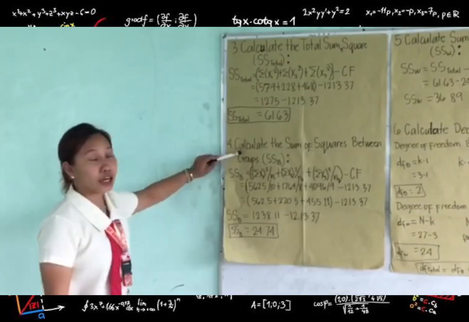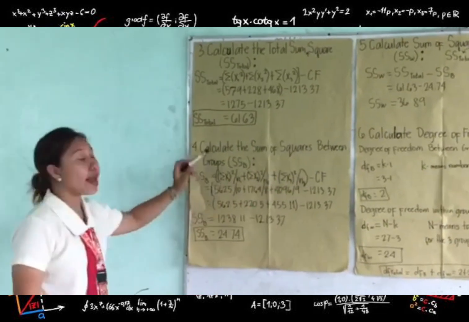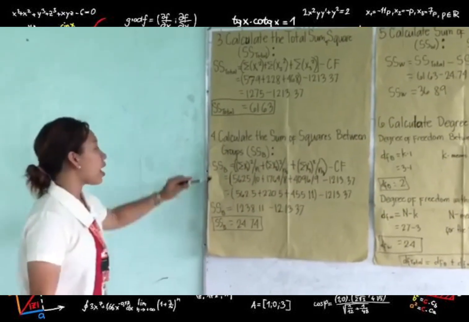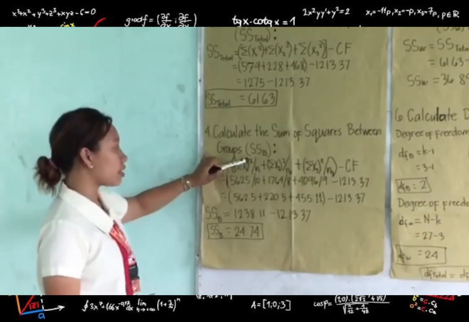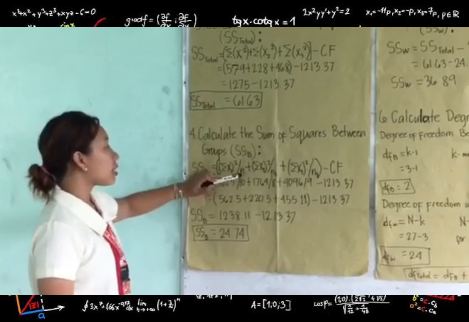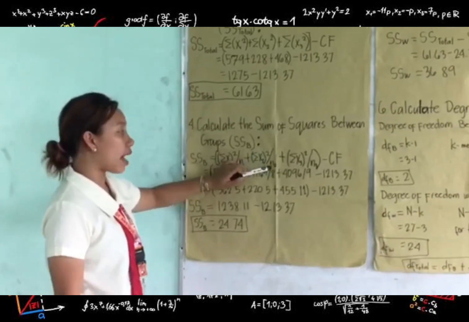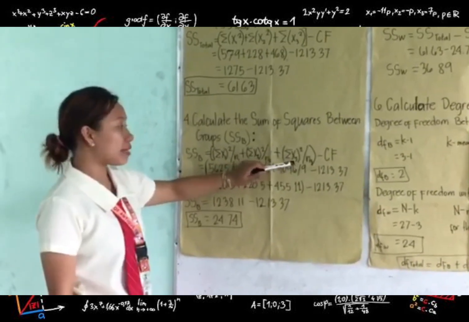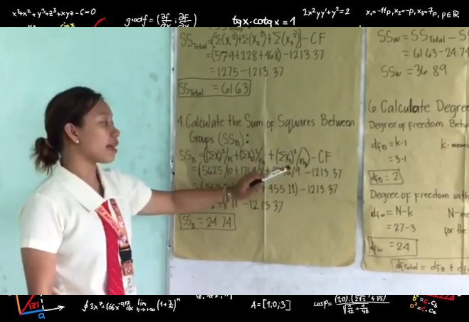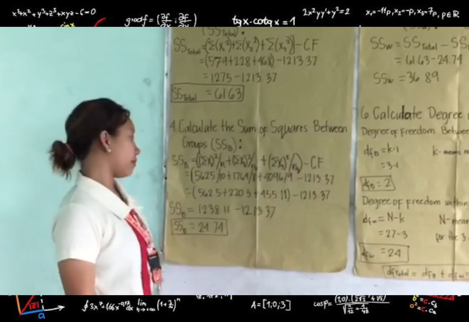For step 4, calculate the sum of squares between groups or SSB. SSB equals the total of x sub 1 squared divided by n sub 1, plus the total of x sub 2 squared divided by n sub 2, plus the total of x sub 3 squared divided by n sub 3, minus the correction factor.